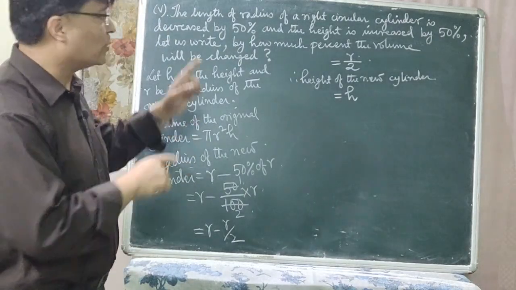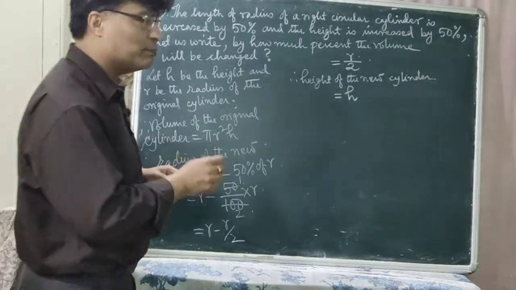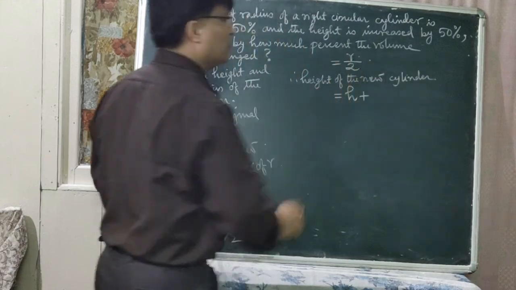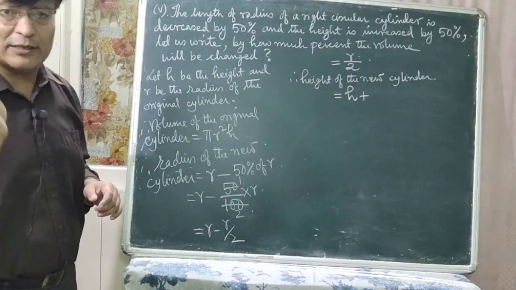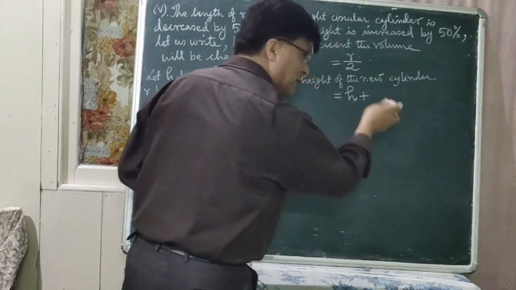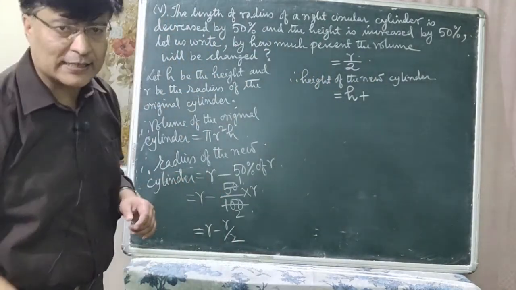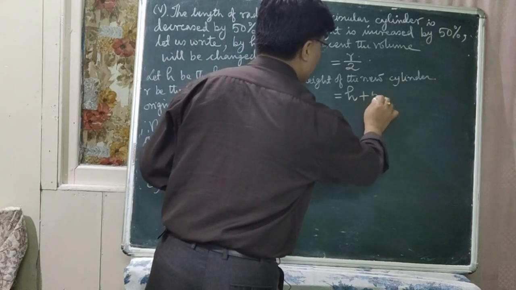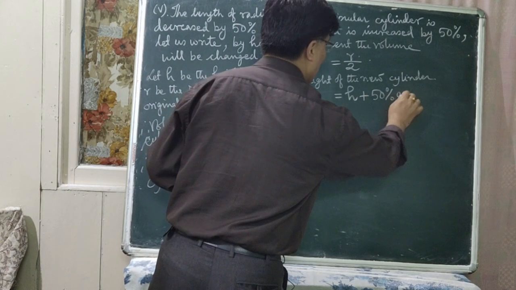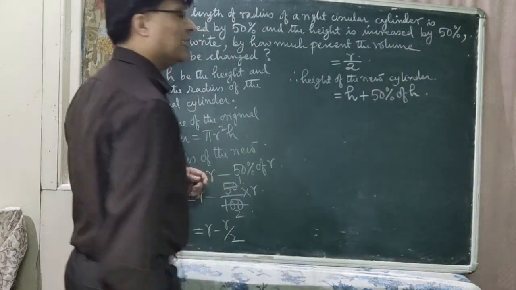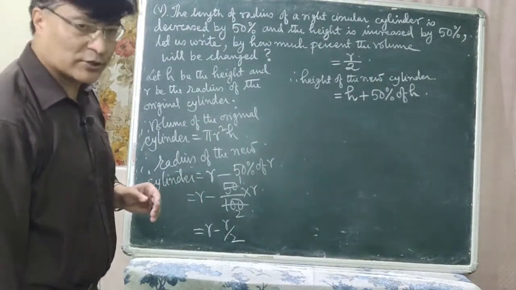So it is increasing. When it is an increase, what do we do? We add. Then 50% of the original height. Okay? It is increased by 50%, meaning 50% of the original height. You have to write 50% of what is the original height? That is your h. So I think you have understood it.